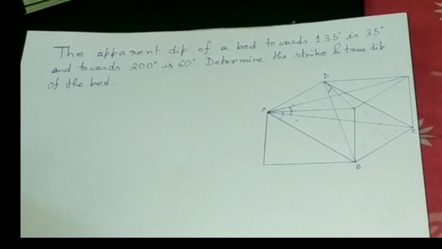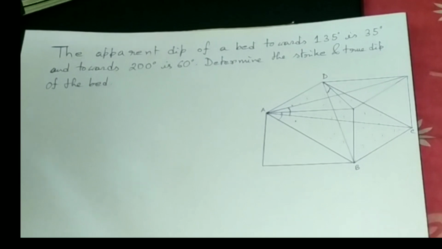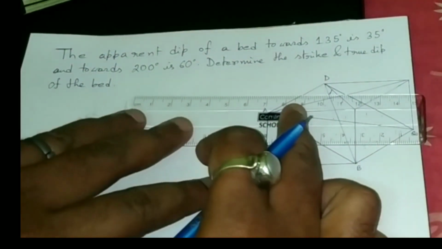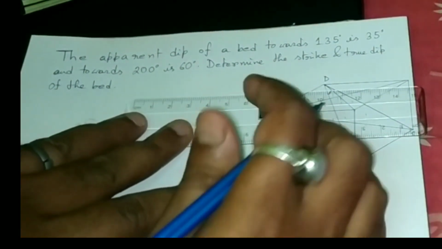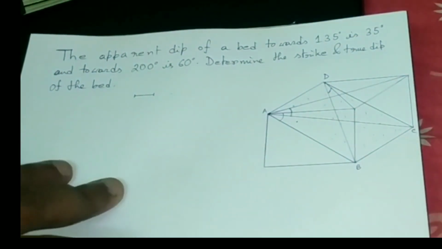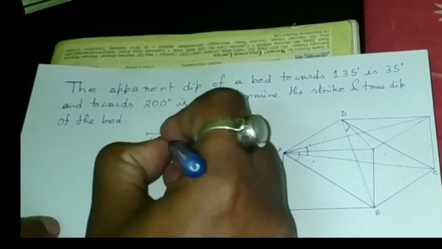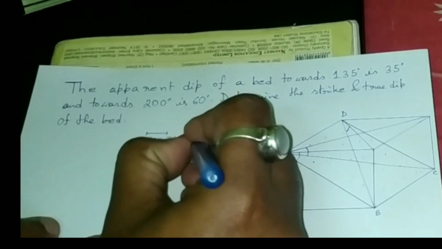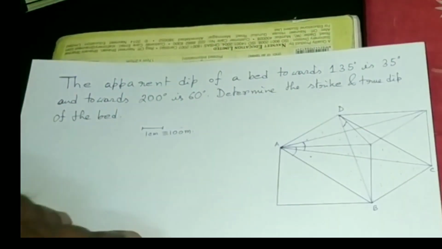So for this construction, let us take one scale. Scale is mandatory. Suppose for convenience, this is 1 centimeter equivalent to 100 meter.